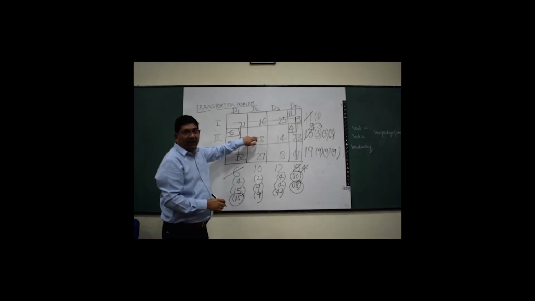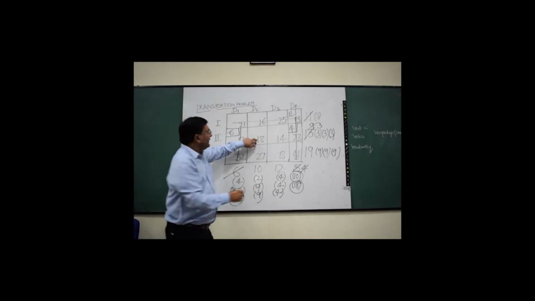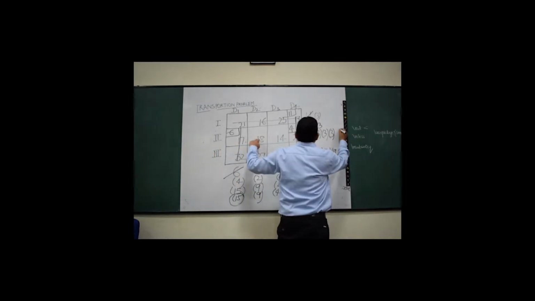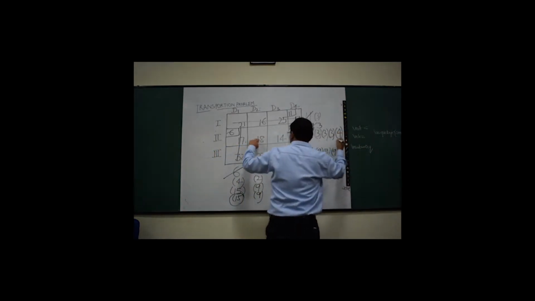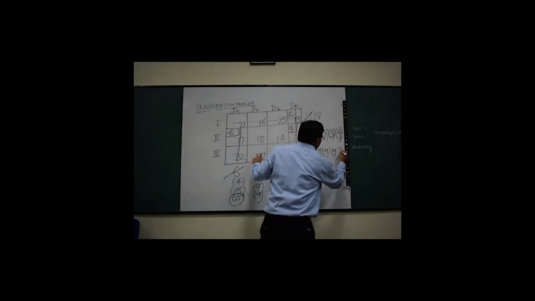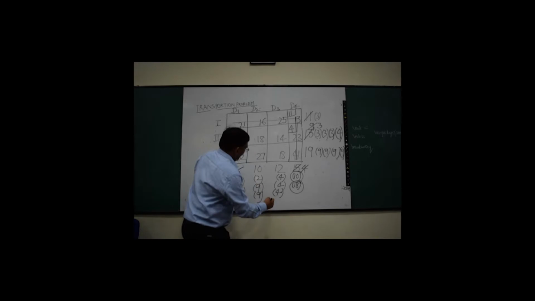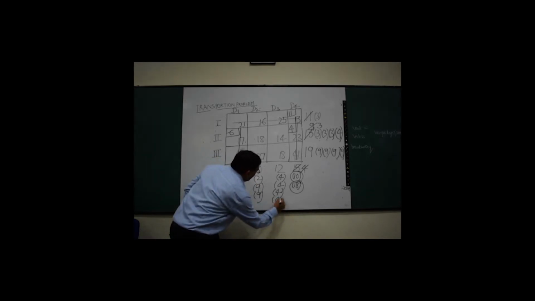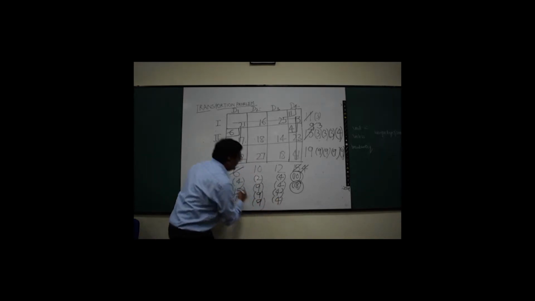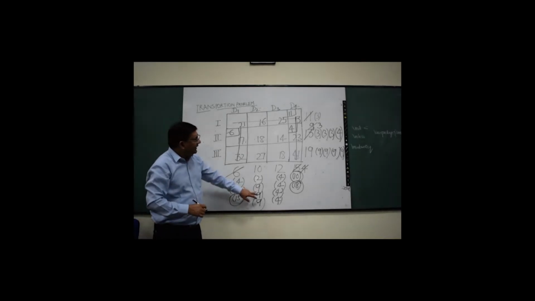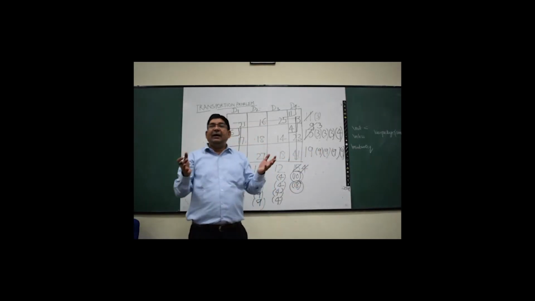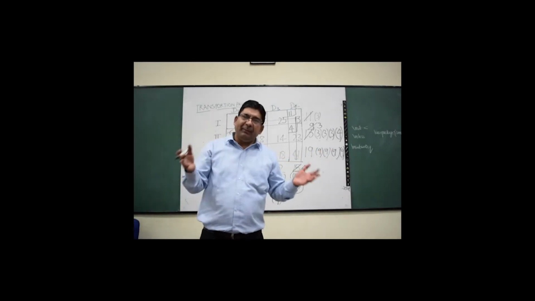Again, we'll find the penalties. This is 4. Again 9. Again 4. Again 9. So we can see that there is a tie. When there is a tie, you can choose either of the penalties.